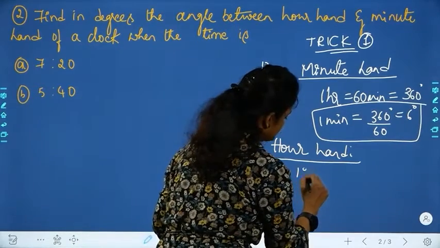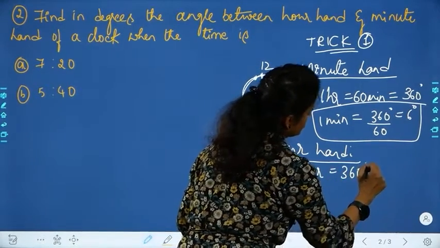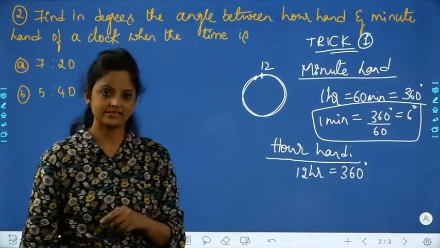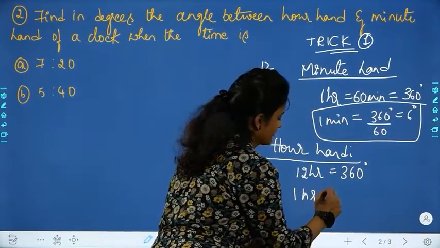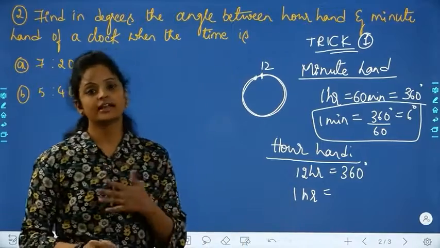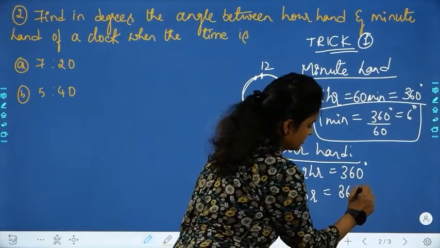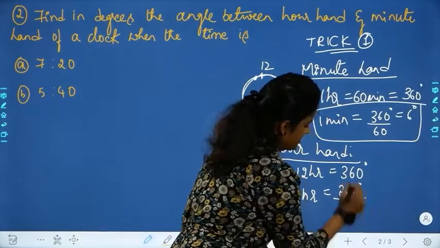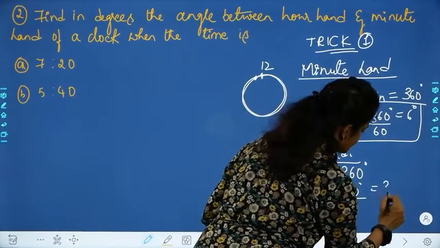So for 12 hours, it will complete one rotation. So that will give you 360 degrees. Now I'll calculate for 1 hour. So how much degree will I get here? For 1 hour I will get 360 degree divided by 12, it will be 30 degree.